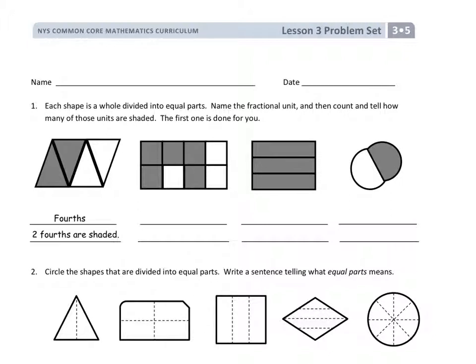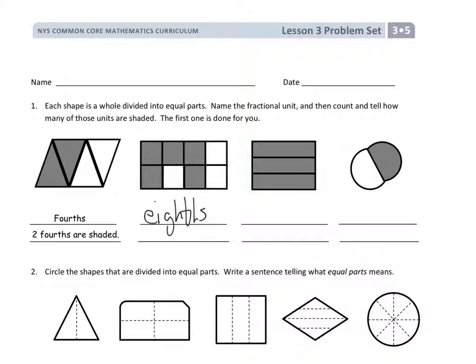So we're going to count the total number first. 1, 2, 3, 4, 5, 6, 7, 8. So that is 8ths. So we're going to write that down. 8ths. And then we're going to come back and we're going to count how many shaded pieces we have.